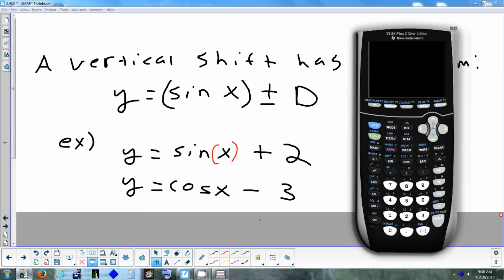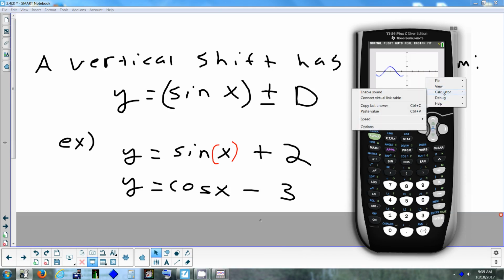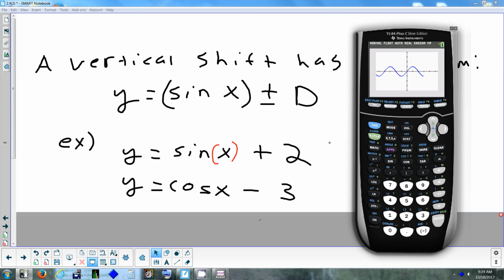So if you graph, I'll just graph sine of x, and then sine of x, close the parenthesis, plus 2. There's your original. And here's the new one. So it's the same graph, just shifted up 2 units.